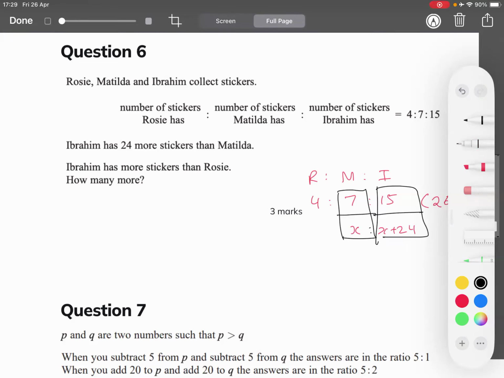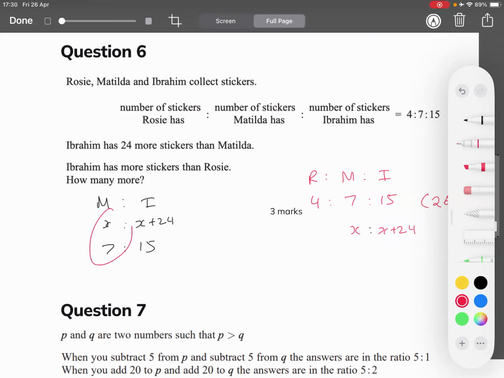Okay. Did you see what I did? I made a window. So let me write it again. Matilda, Ibrahim, X, X plus 24, 7, 15. There's a trick with ratios. I can go like this and make an equation, or I could go like this and make an equation.